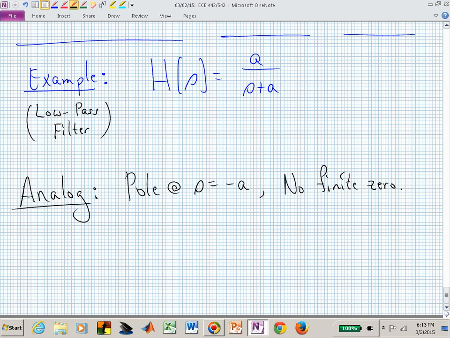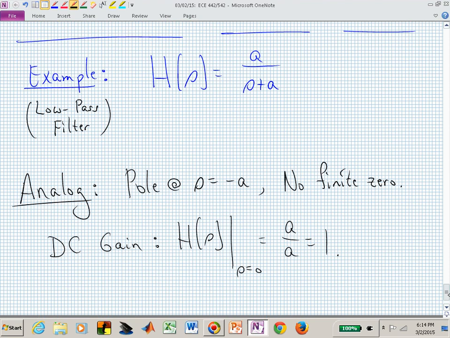And we know what the DC gain is for this analog system. That's what this expression equals when we set S equal to 0. That's now A over A, or 1.